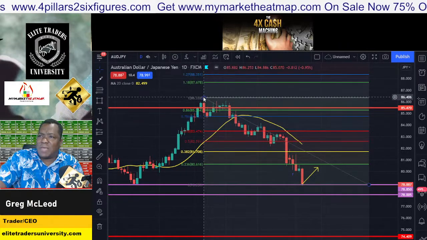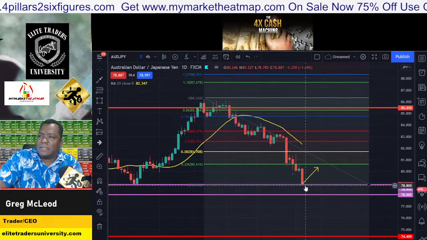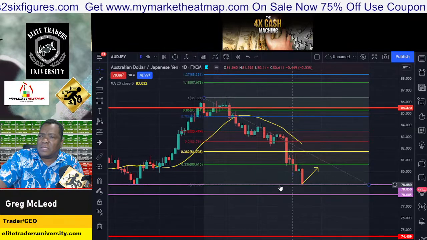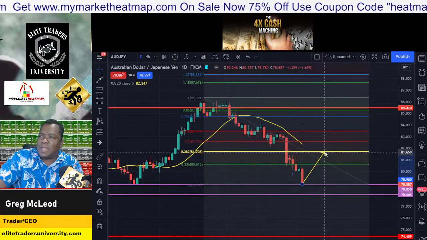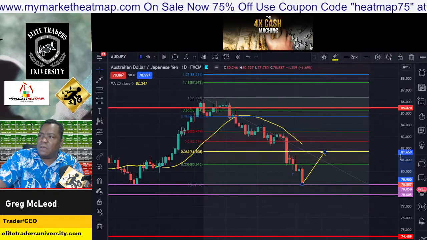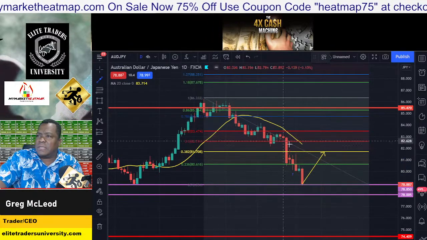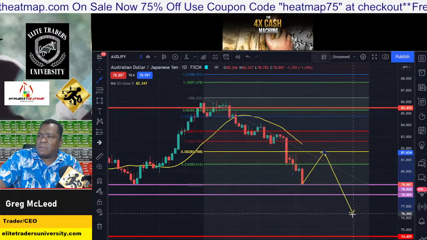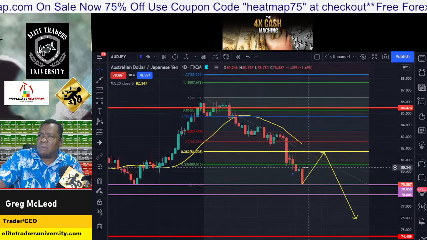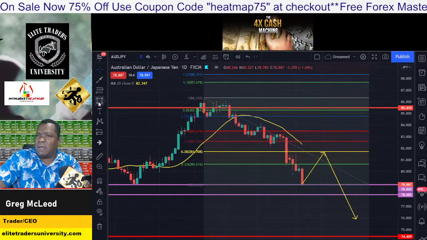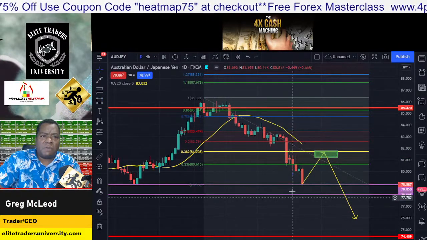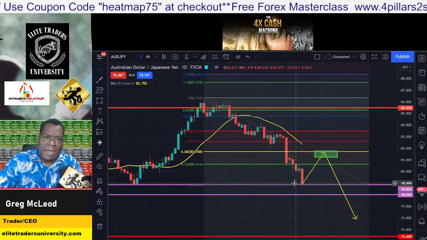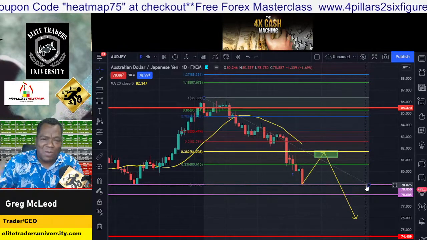But basically you connect these two lines, and if this is our low back here, we should see a bounce, maybe even up to the 38% retracement, and look for sell opportunities there, right? Once we look for some type of a sell zone right in here, remember, we want to sell high and buy low, not the other way around.